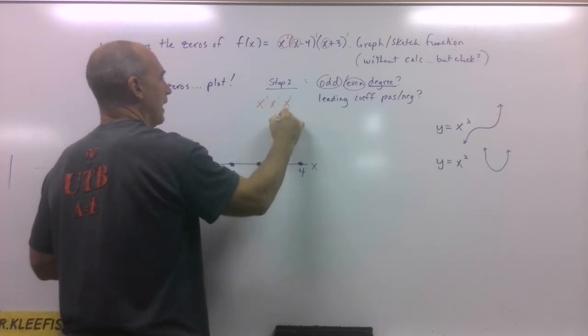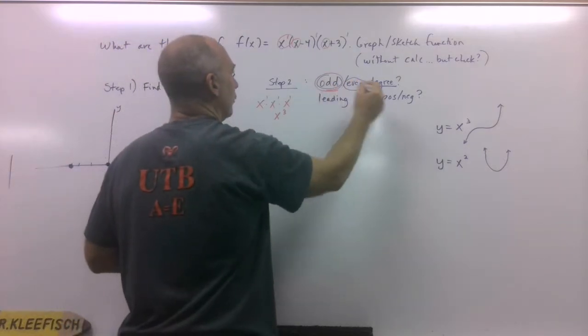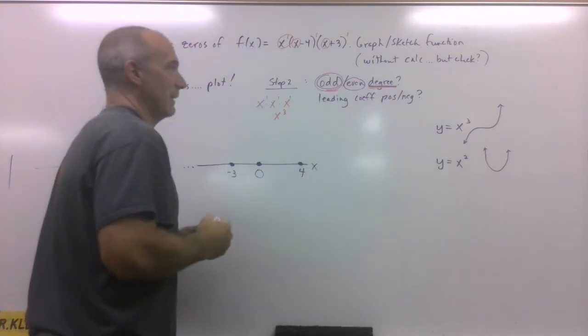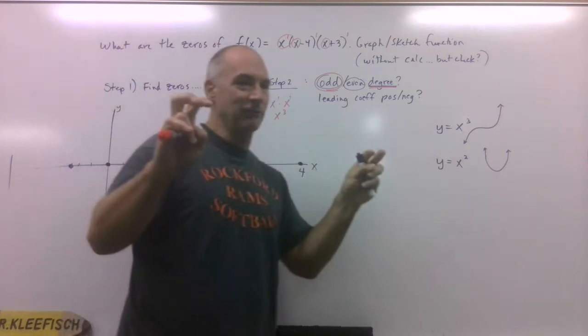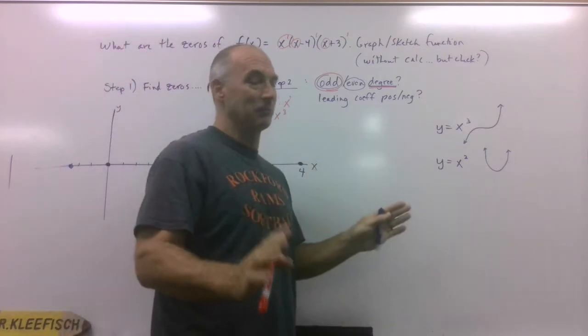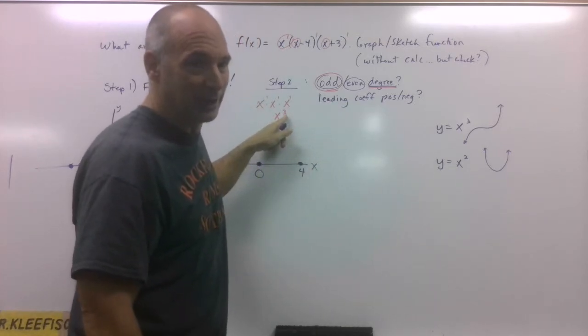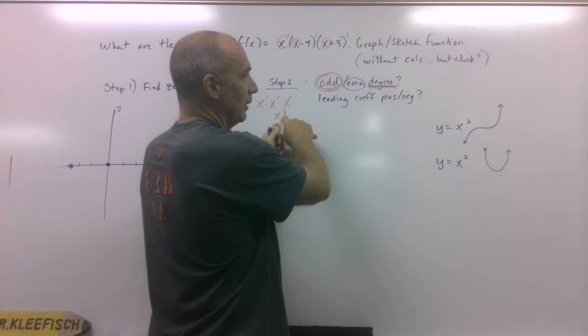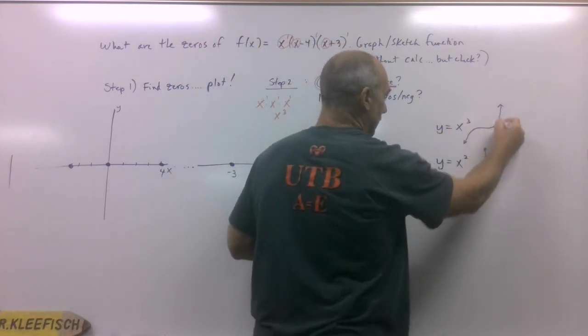What is that? That's x cubed. So I know it's an odd degree, and that's huge because the end behavior is the same if that's a 3, a 5, a 7, a 9. So if I go back to what I've learned, y equals x cubed, is going to look like this.